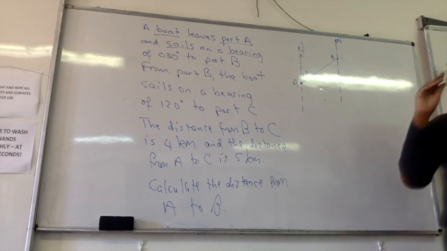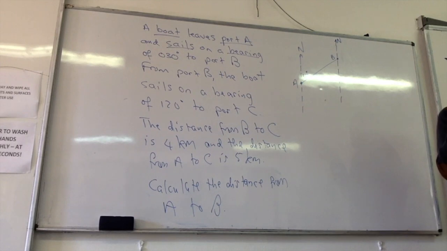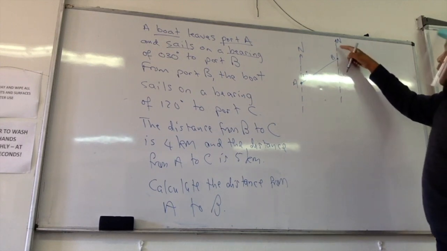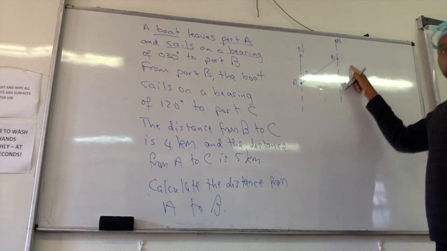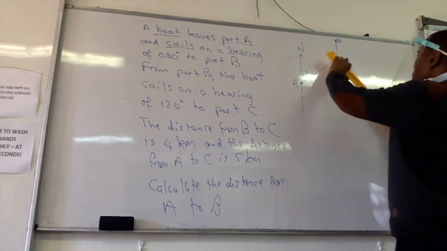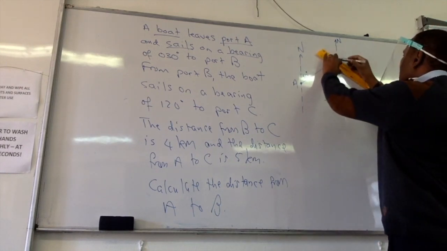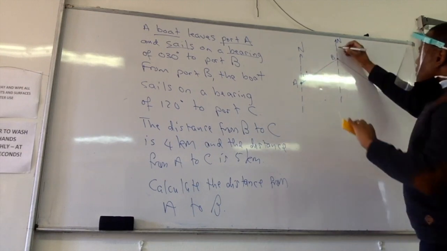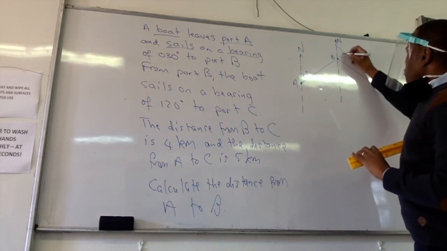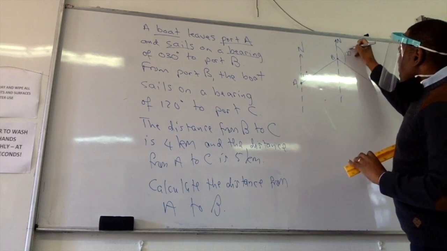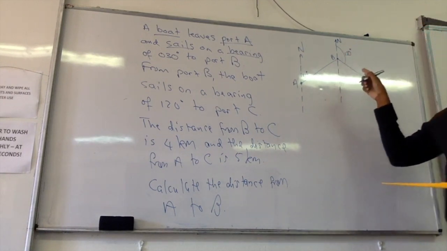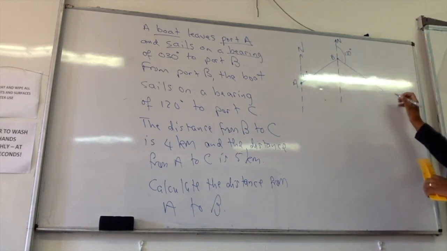So I said you need to face north, then you turn through that angle. So we face north, and then we turn through 120 degrees. So we will end up with something like this. So this here is going to be 120 degrees. Right, so that is what we mean by the bearing of 120 degrees. So that happens up to another port called C.